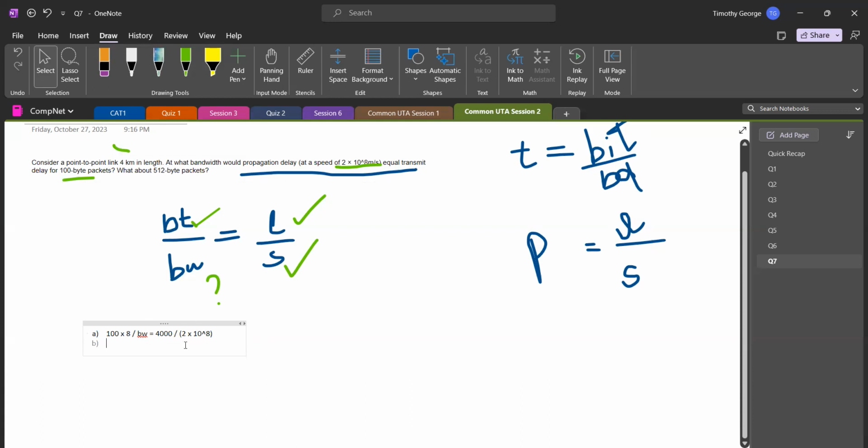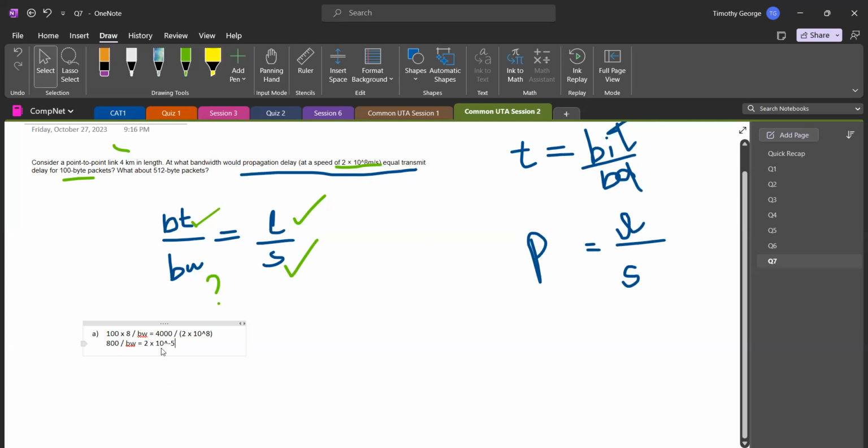Let's quickly solve this. The left-hand side is going to be 800 divided by bandwidth, equals 10 raised to 3 and 10 raised to minus 5 will come, so it will be 2 into 10 to the power minus 5.